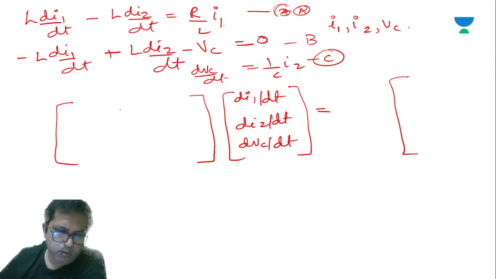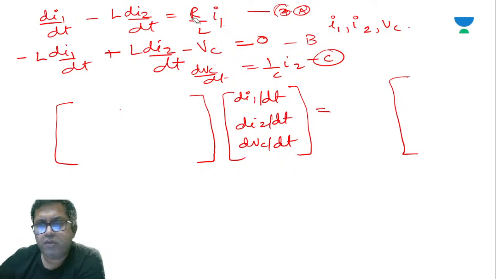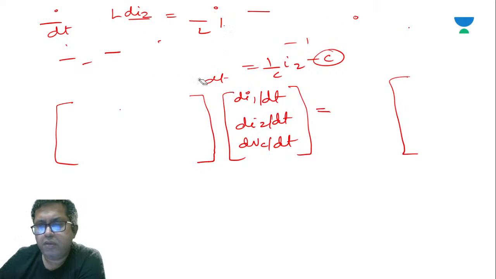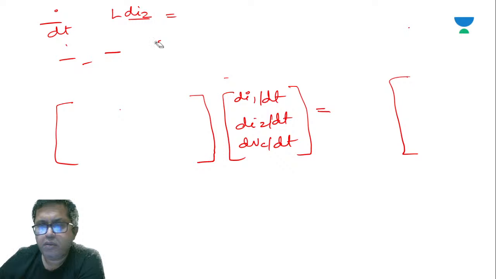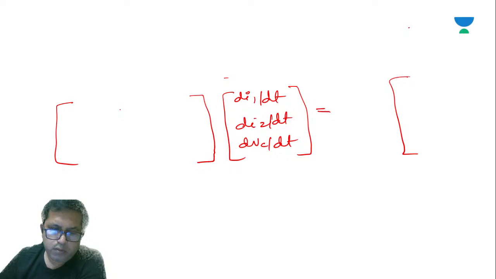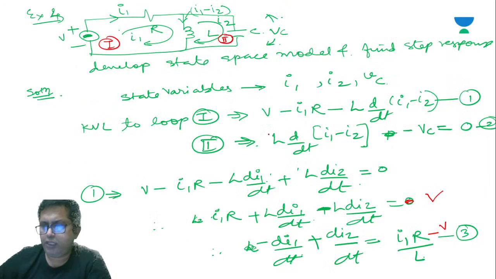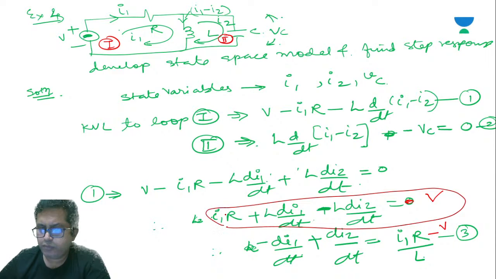Let us modify all these equations. For loop 1, this is the equation, so I will solve this.